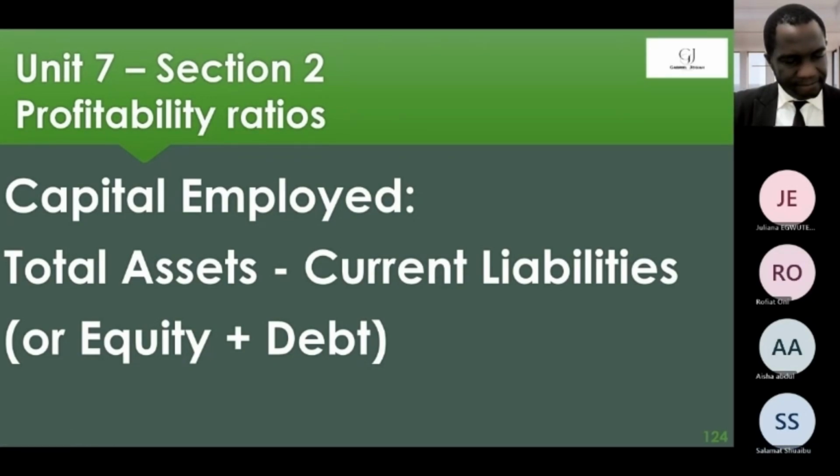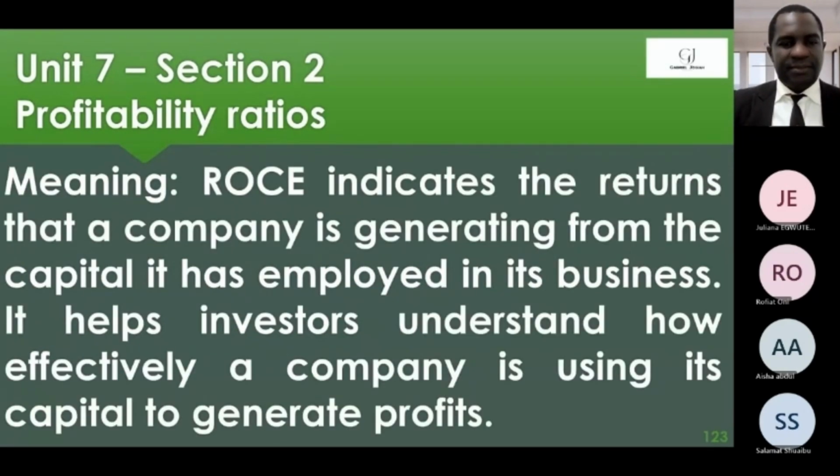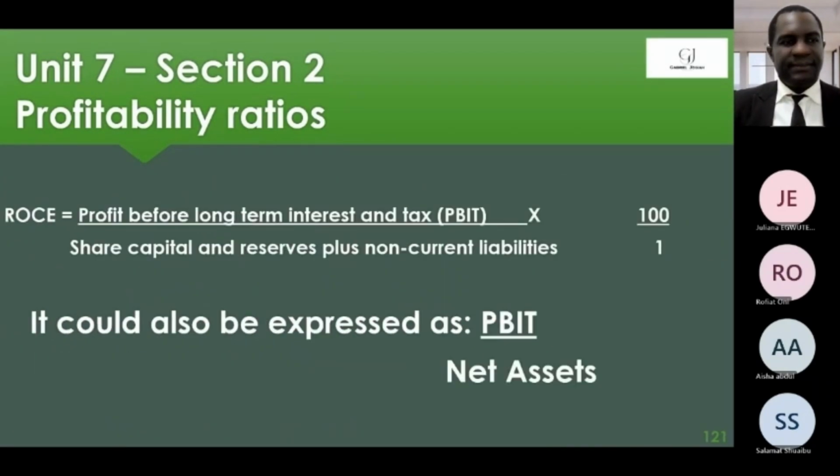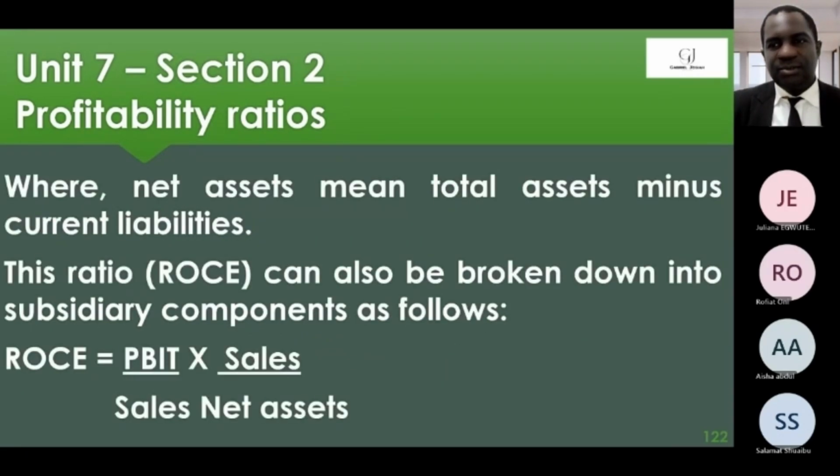Oh, please, I think I'm getting something wrong. The net asset is your capital employed, which means net asset is total assets minus current liabilities.